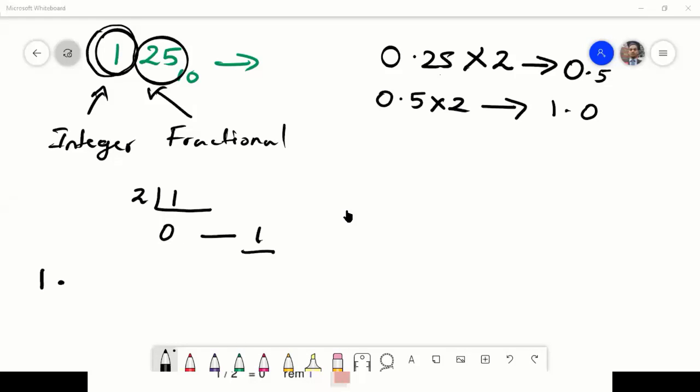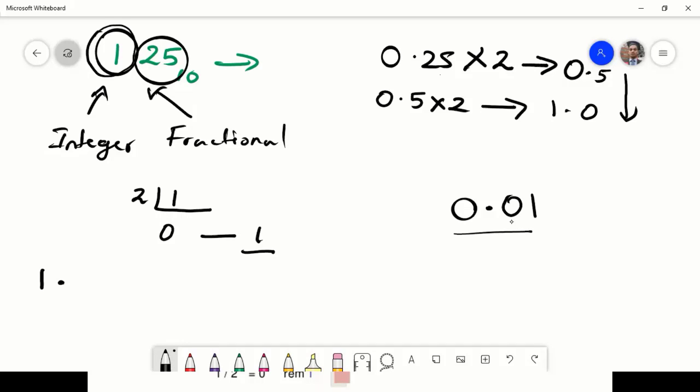Now for this fractional part, we have to write it from top to bottom. So top to bottom, 0, 1. So for the 0.25, you convert to binary, it will come like this.